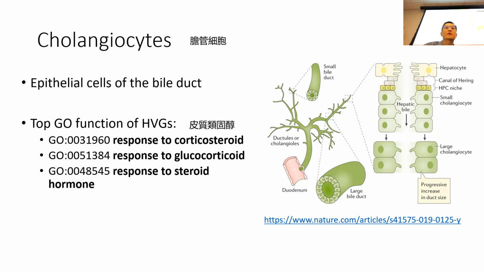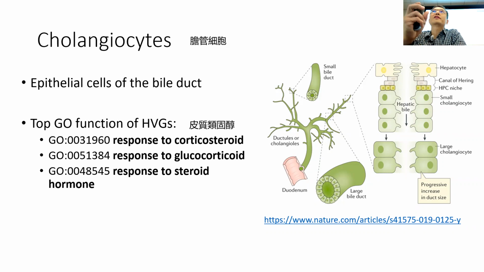Yeah, so we can also apply this to cholangiocytes, a very important cell type, the epithelium cells in the bile duct. The highly variable genes are enriched with functions such as response to corticosteroids, glucocorticoids, and also different kinds of steroid hormones.